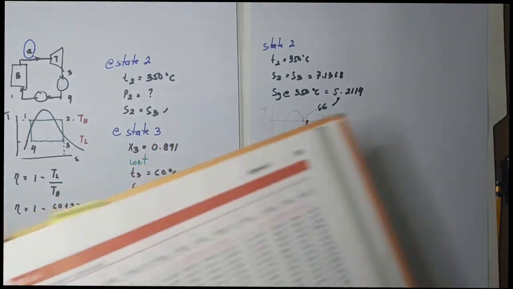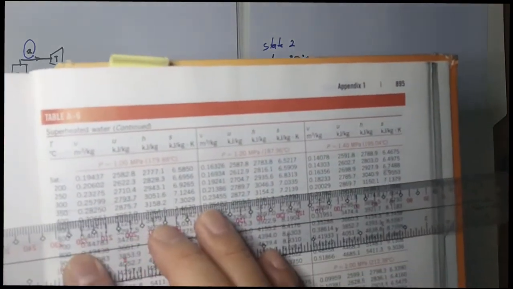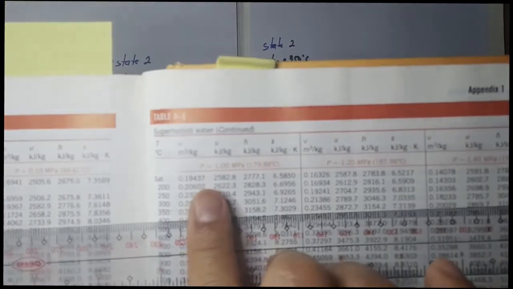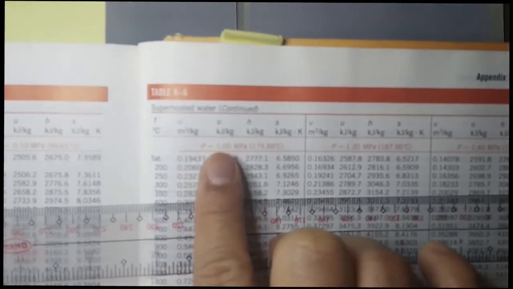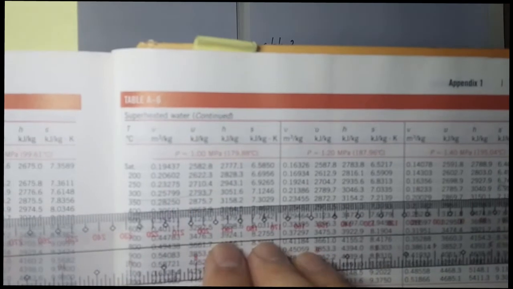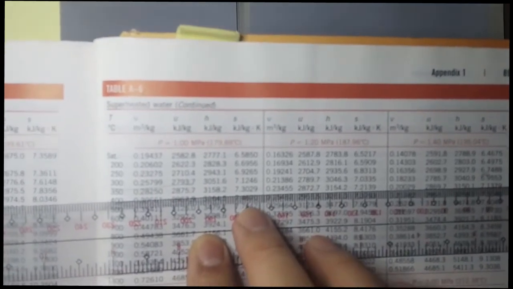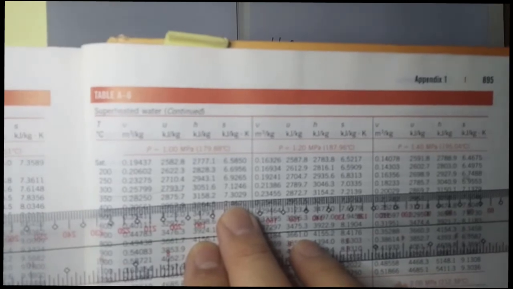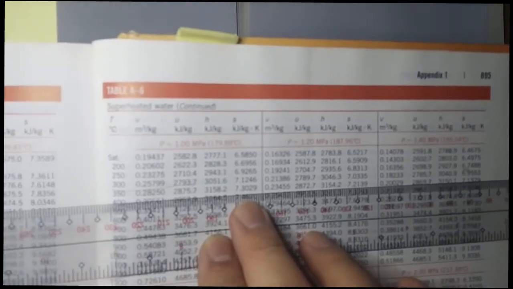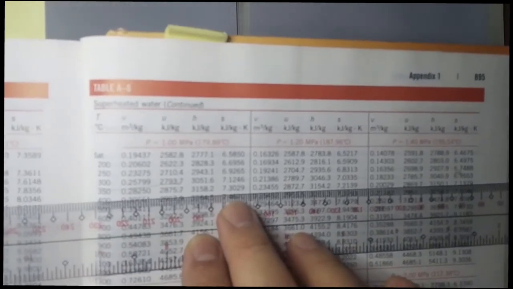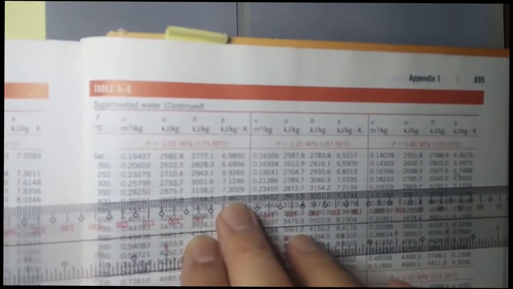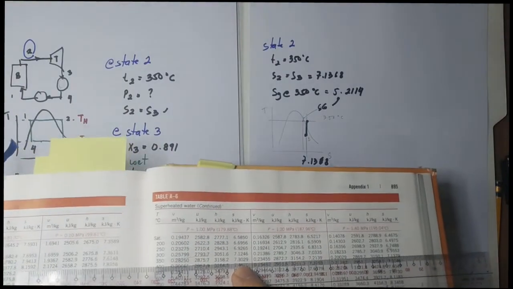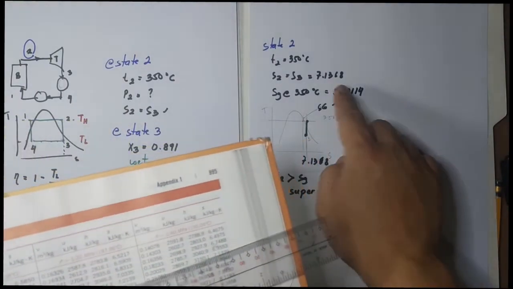Dapat hanap ako ng malapit dyan. Halimbawa, ito. Okay, 350. At the pressure is 1 megapascal. Okay? Ang kanyang S, wala nang SG, SF dito. Entropy na lang. Ang kanyang S ay 7.3029. So, yung ating kanina, 7.13. So, hindi siya tugma.